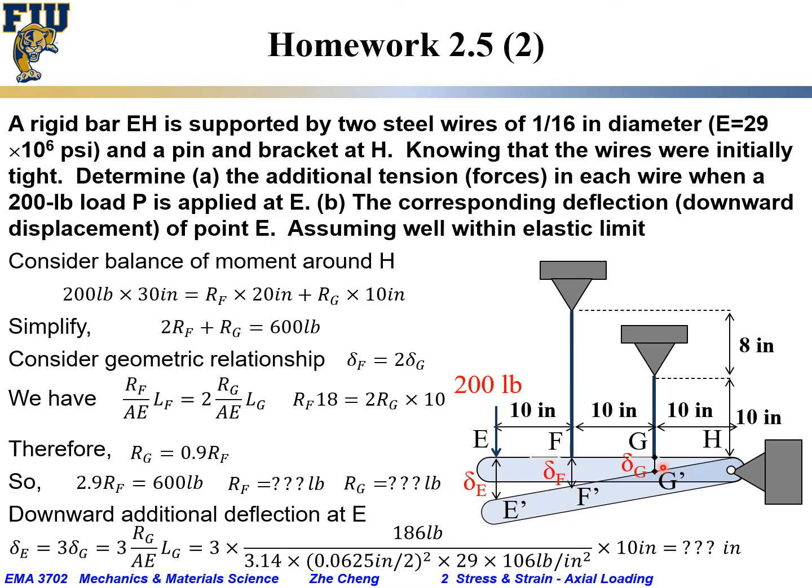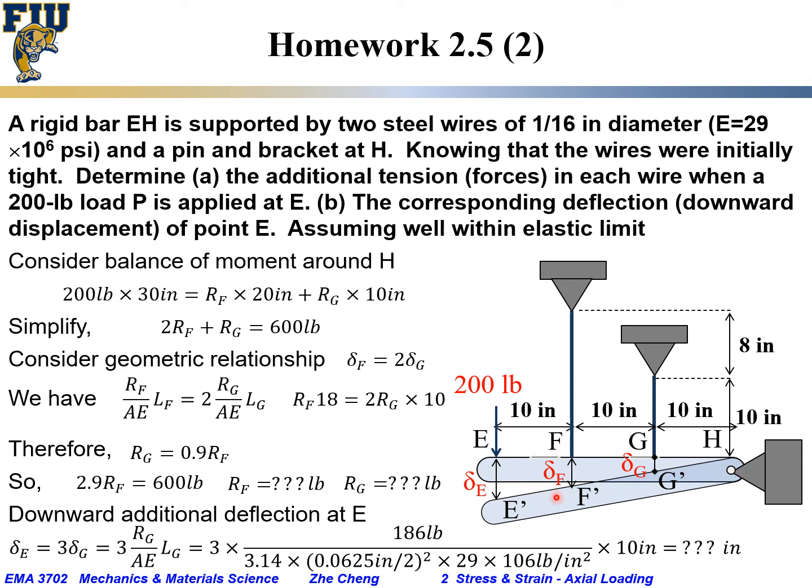Because of similar triangles, we have 10 inches here, 10 inches here, which means from H to F is 20 inches. So from the similar triangle relationship, you can easily get delta G over delta F is 10 over 20, which is half. Or delta F would be double of delta G, because of the geometric relationship. We are using similar triangles.